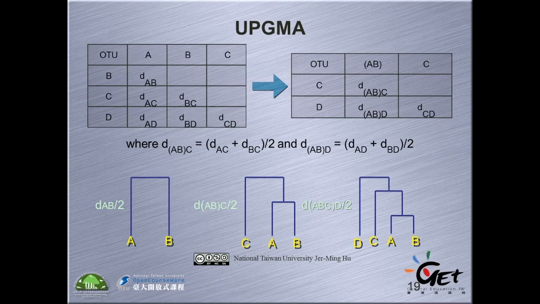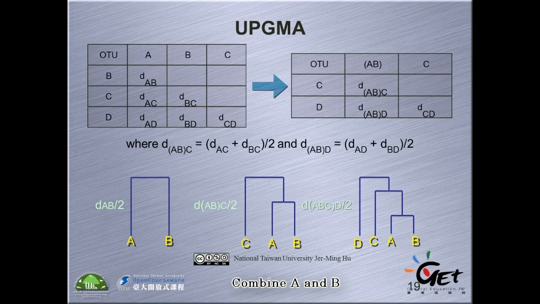If the cell for A and B has the lowest number, it means they are the most closely related. So you can just combine A and B together because they are the most similar sequences.